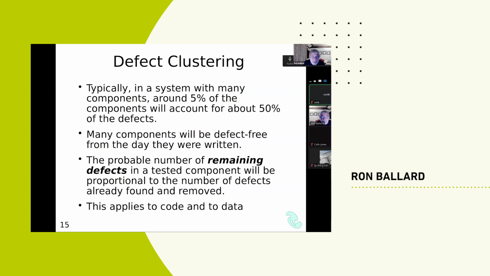That means many components will be defect-free from the day they're written, which is great. But another impact of the way that defects appear in our systems is that the more defects you find in one component, the probable number of remaining defects will be greater.